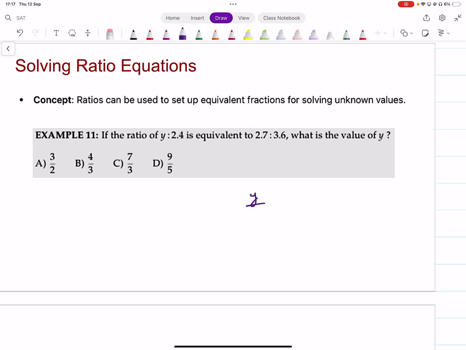We can say y over 2.4, that's the same thing as 2.7 over 3.6, and that should give you the value for y. Sometimes you can make equations using ratios like this and find the values of any unknowns. Any problem with this? What's the value that we get from this? 9/5. So this is our final result.